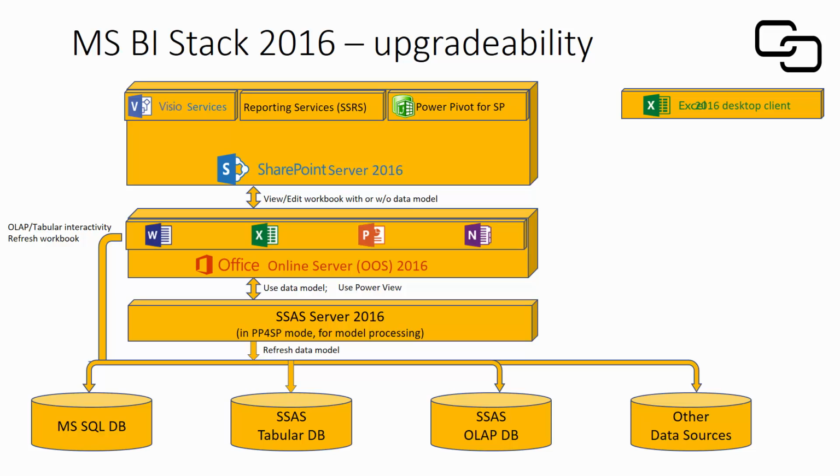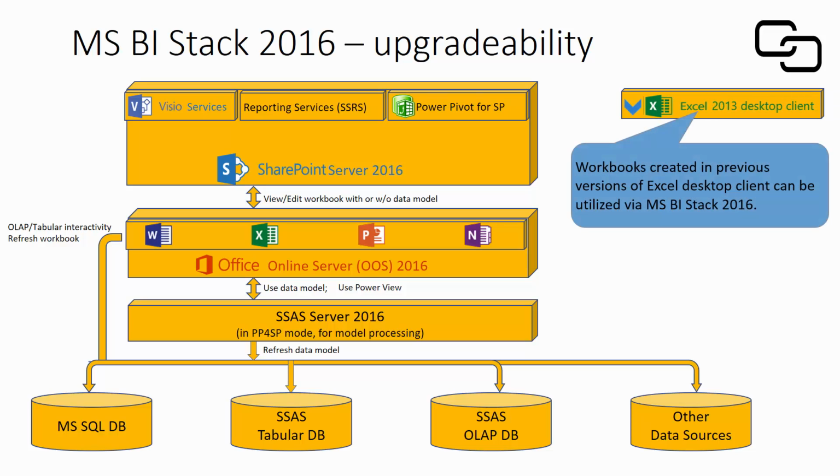If you author workbooks in Excel 2016 Desktop Client, they will work and function within the MSBI Stack 2016. If you author workbooks with your old Excel Desktop Client 2013 version, those workbooks will also work in the new version of the MSBI Stack.